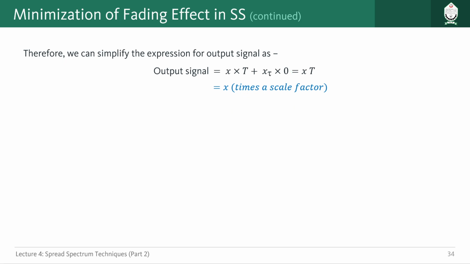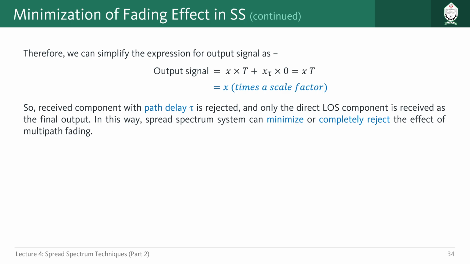Okay, so using this process we can actually omit or reject any components coming from different path delays in a multipath environment. This is the basic process of minimization of the multipath fading effect used in spread spectrum.